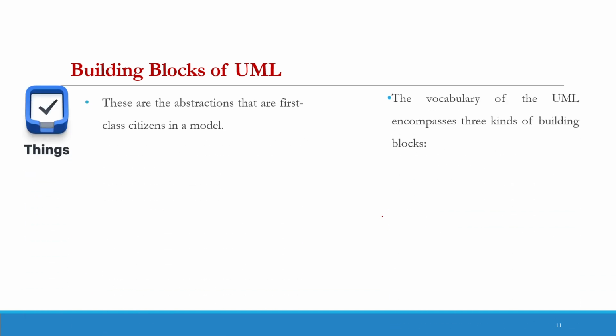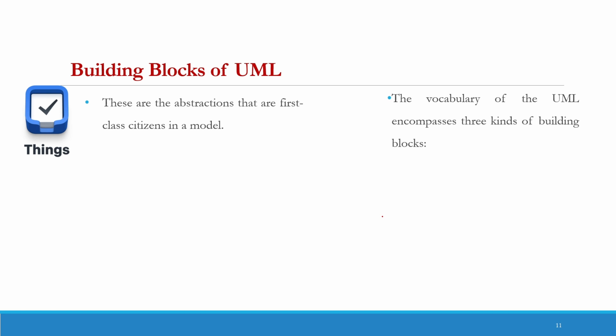The other concept that we have to discuss here today is the building blocks of UML. UML has three fundamental building blocks. Simply, the vocabulary of UML has three kinds of building blocks. The first is things.